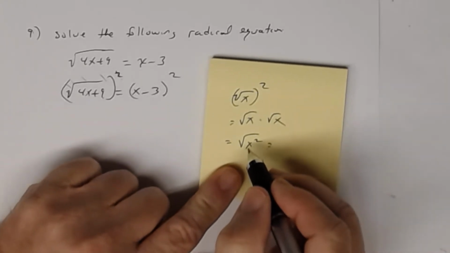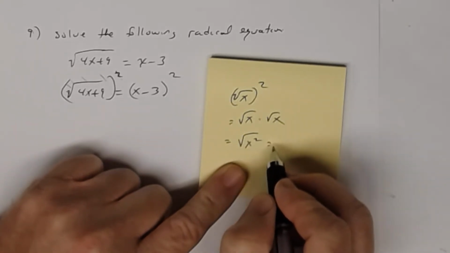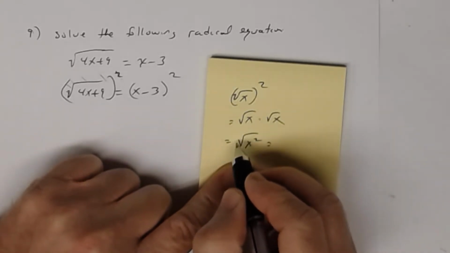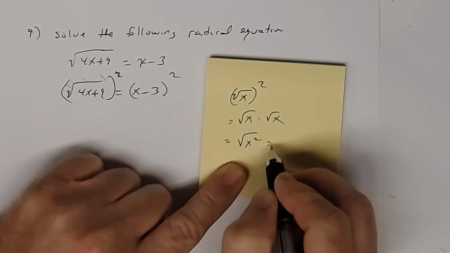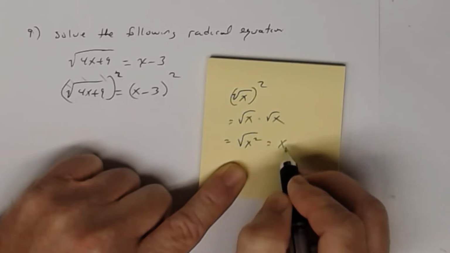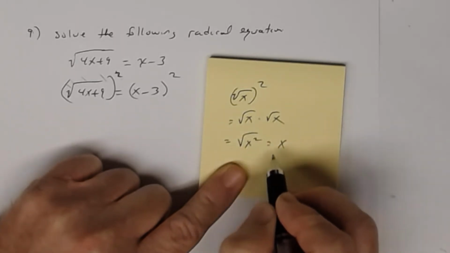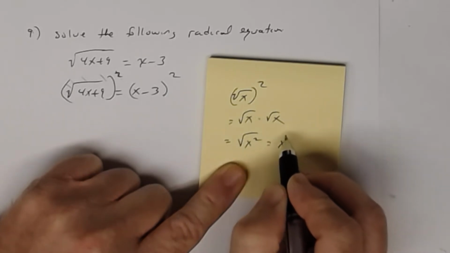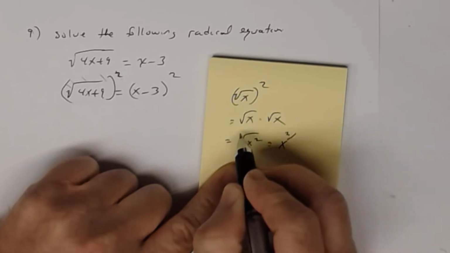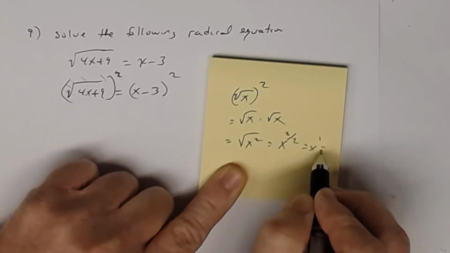Now, assuming that x represents a positive number, one of the properties you learned is that you can rewrite a radical as an exponent. So this right here becomes this. Now look carefully. You can rewrite this as a rational exponent: the exponent divided by the index. The index is 2. 2 divided by 2 is 1. So you get x to the first, which is x.